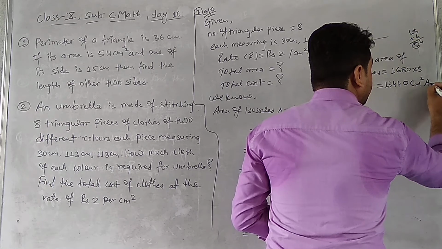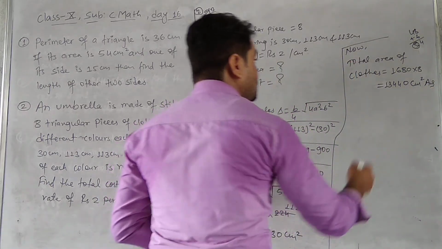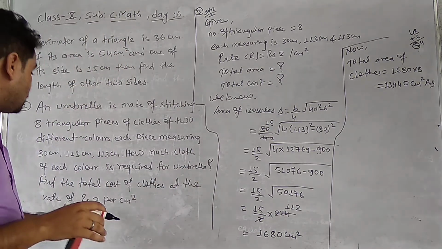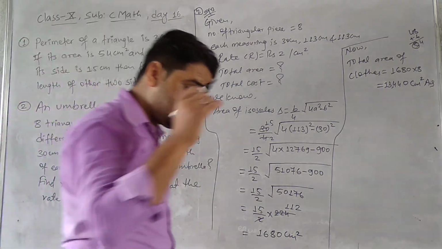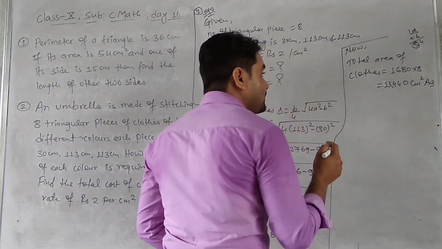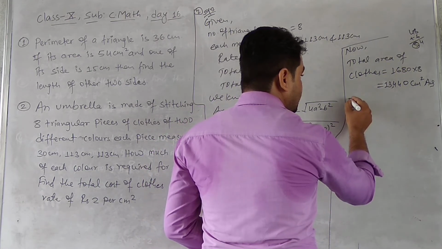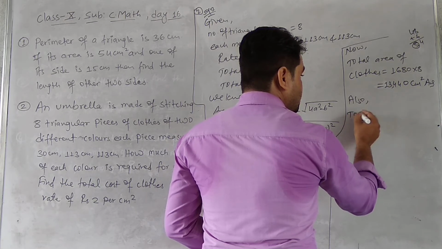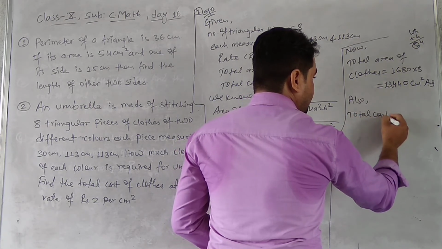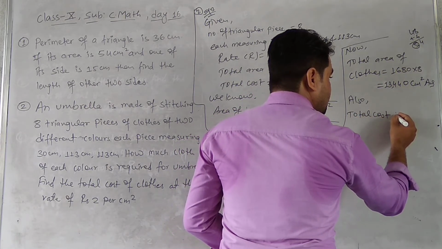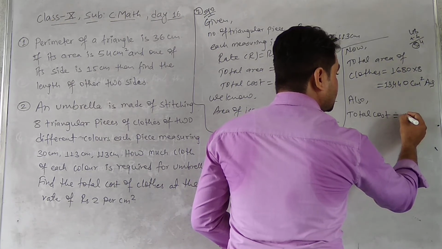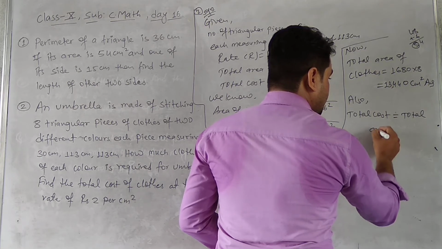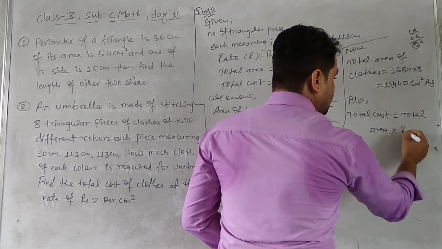This is one answer, the total cloth. Similarly, it is said that we are going to find the cost. While finding the cost, lastly also, total cost equals total area into rate.